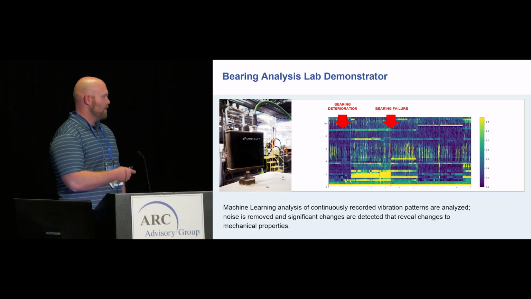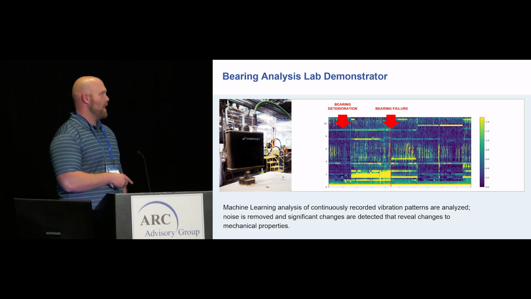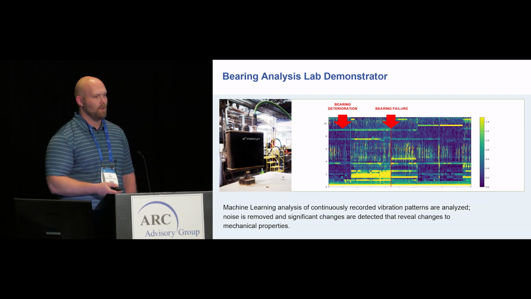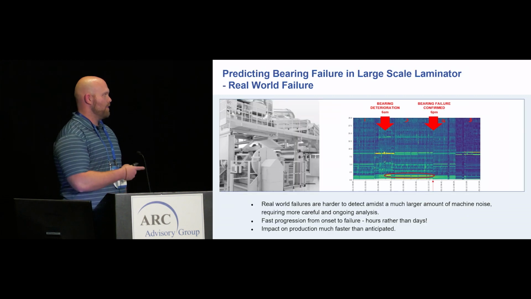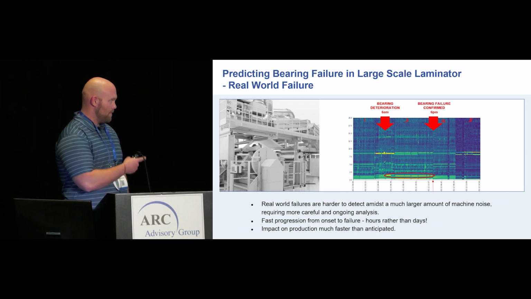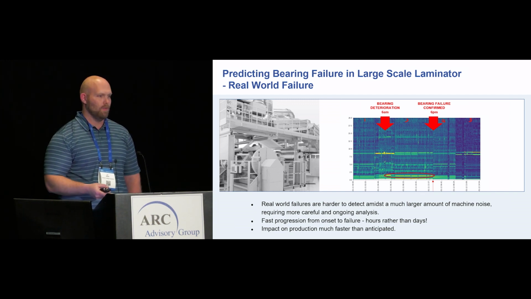This is looking at continuously recorded vibration patterns on a bearing, and so they can find bearing deterioration and bearing failure. And then you can see this is actually from our machine, and you can see the same thing. We saw a real-world failure that began 4 hours before it actually failed.